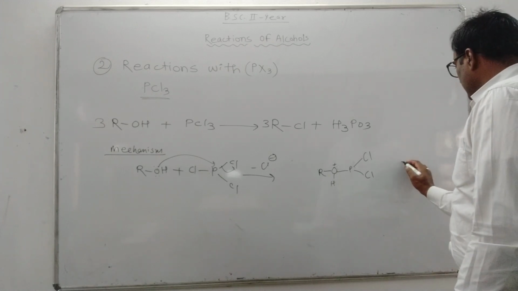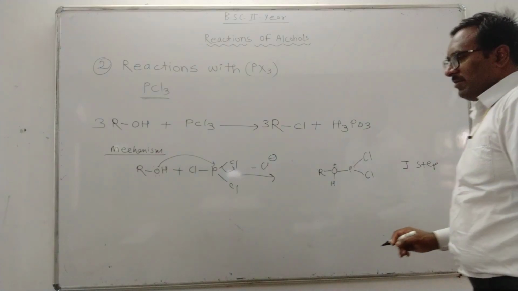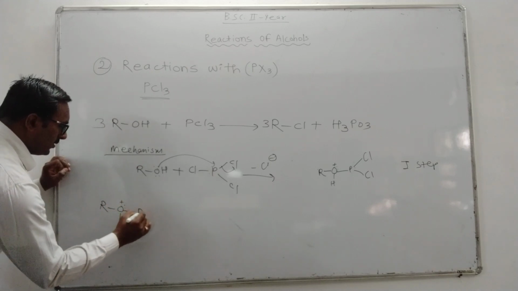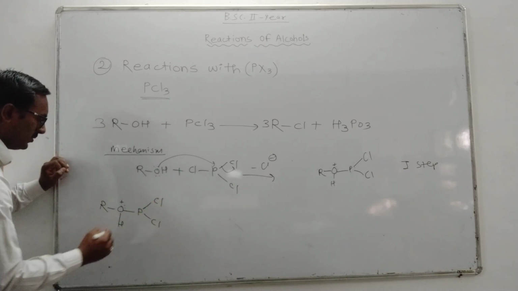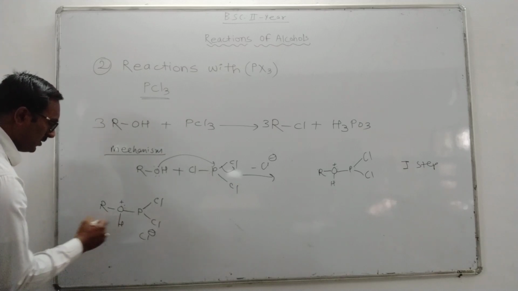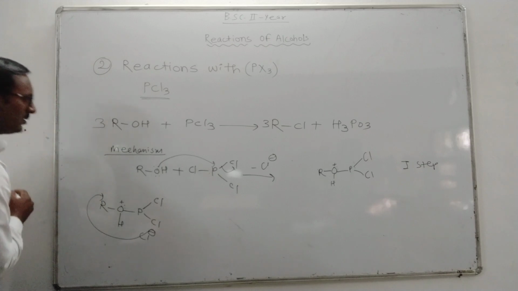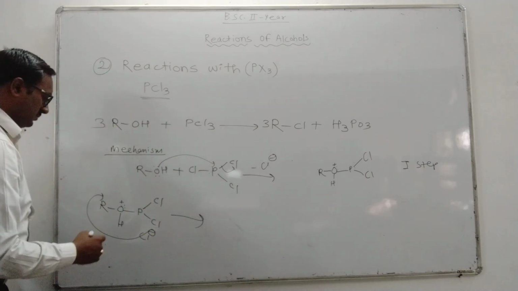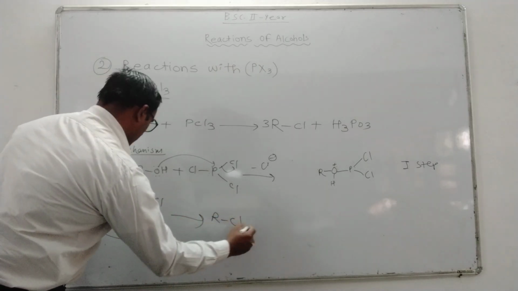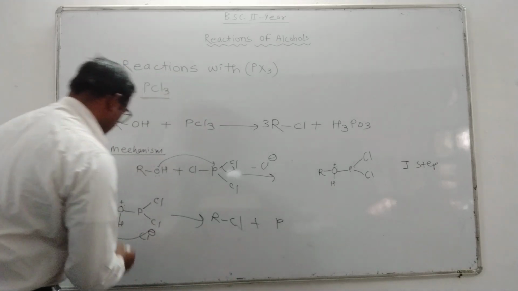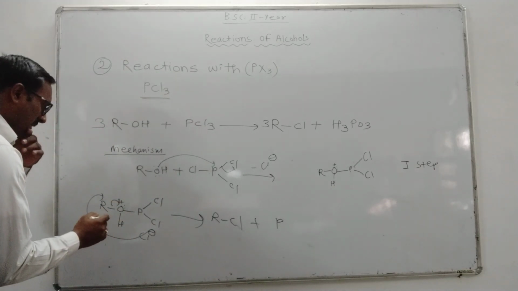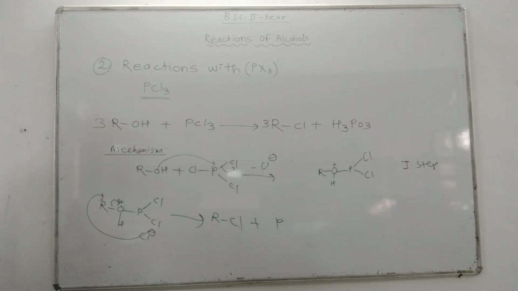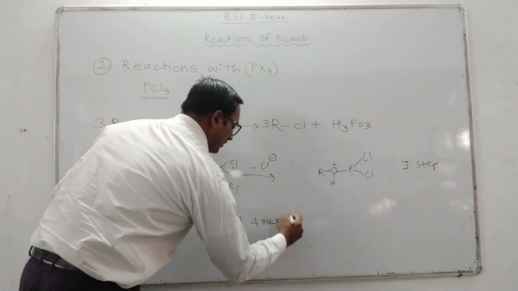In the second step, this Cl minus anion attacks on this, and there is formation of RCl plus the intermediate with P-OH, Cl, Cl.